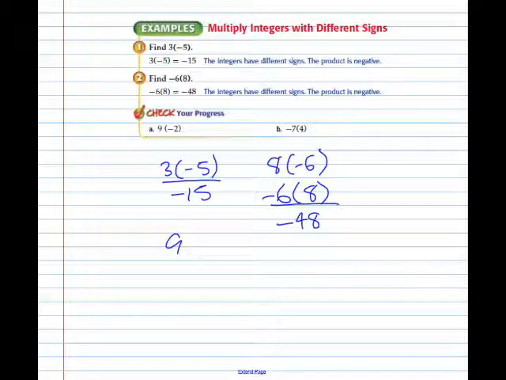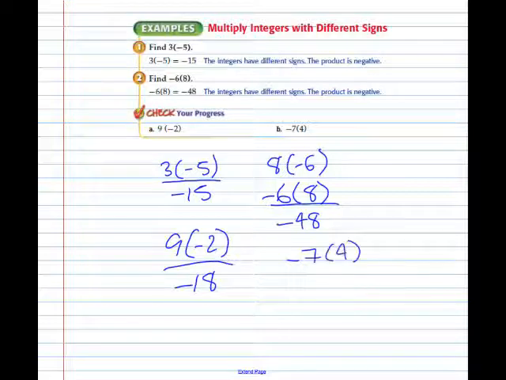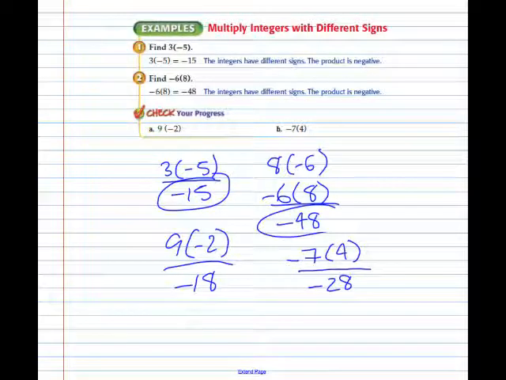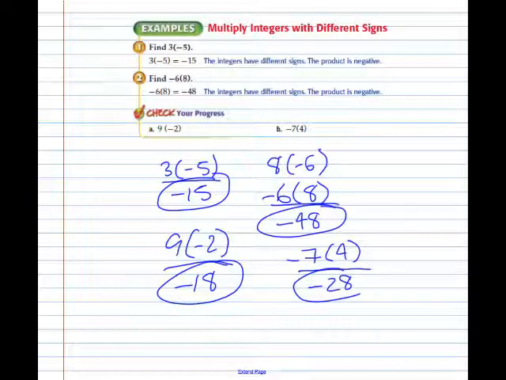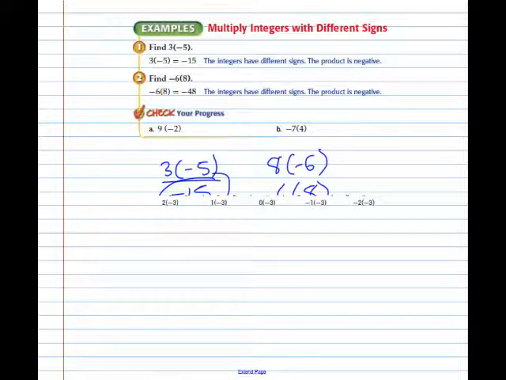In the check your progress problems, 9 times negative 2 is negative 2 plus negative 2 9 times, or negative 18. Negative 7 times 4 is the same as 4 times negative 7, which gives us negative 28. Again, unlike signs, one positive, one negative, gives us a negative product each time.